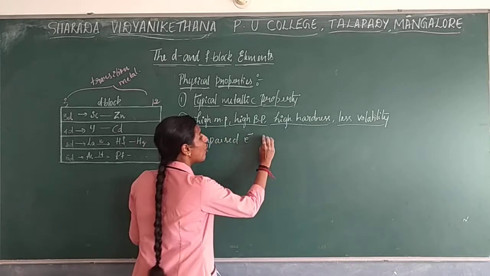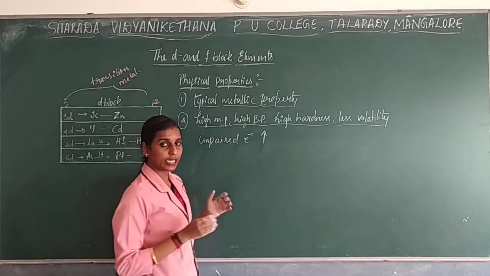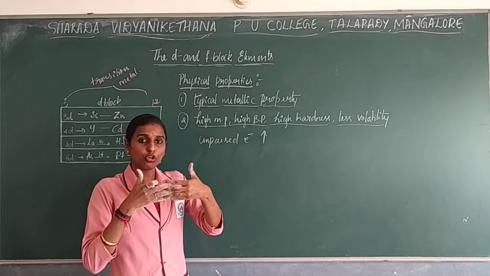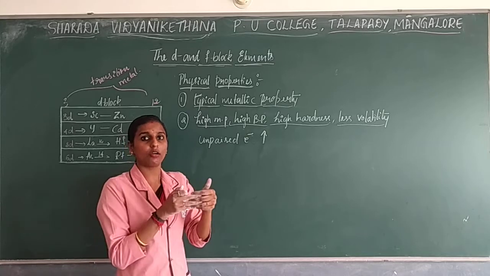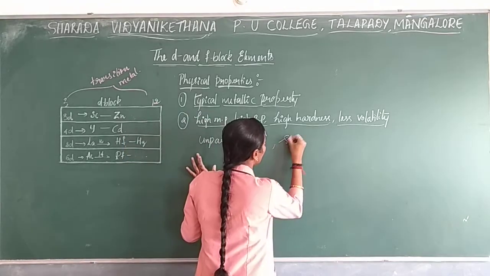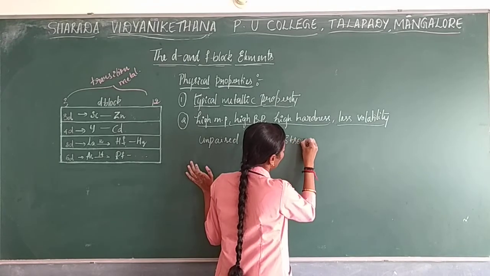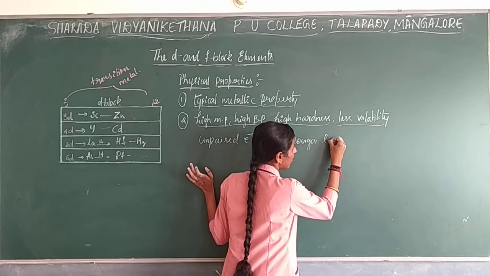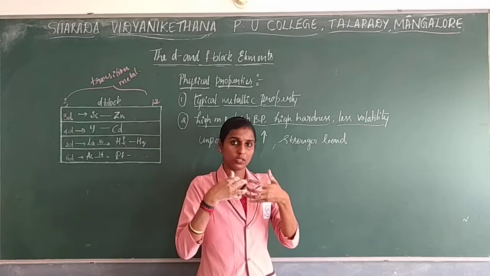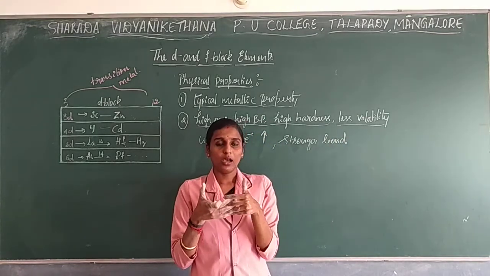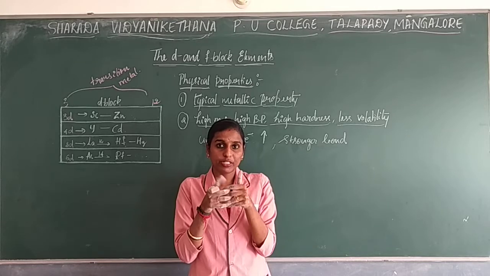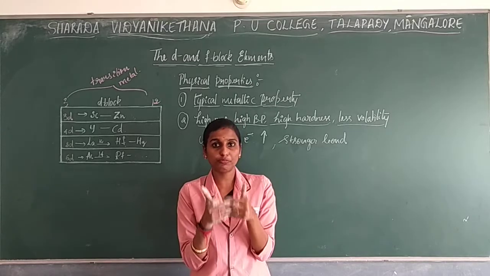As the number of unpaired electrons increases, the bond between those metals becomes stronger. When the bond is stronger, the amount of energy you have to give to break this bond should be more.